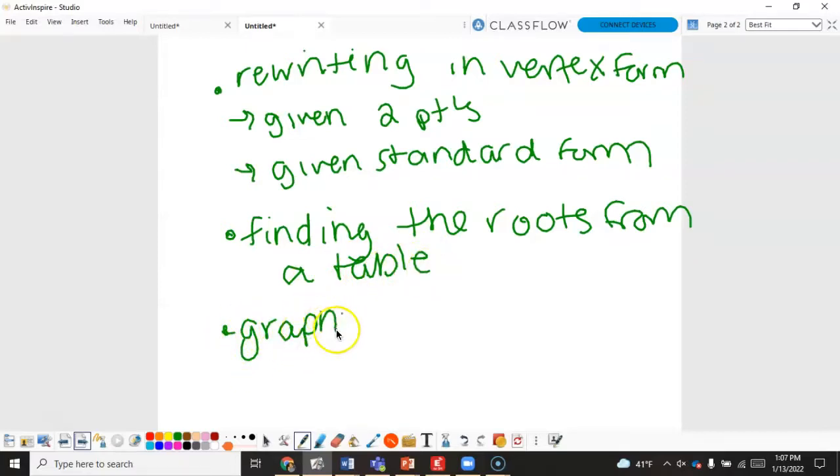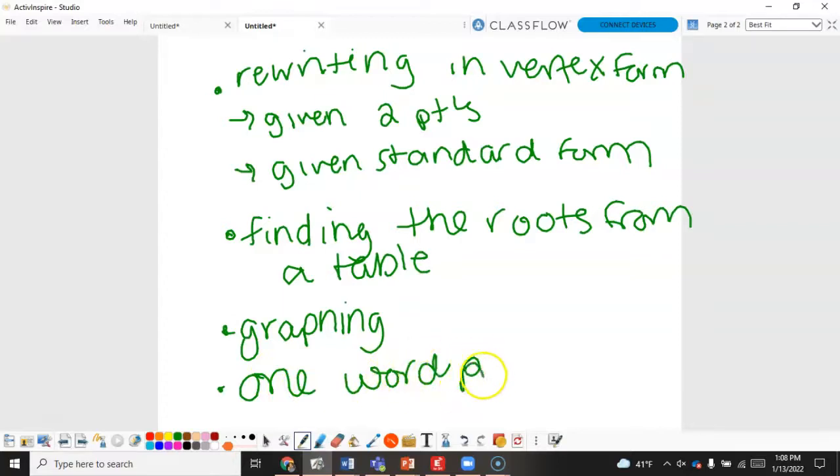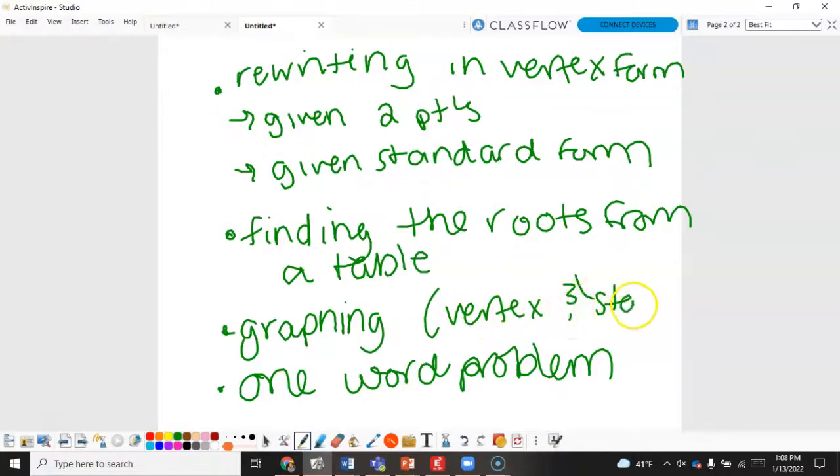Graphing and getting me all the key information, graphing vertex or standard form. And then a word problem. The key information is everything I did on the two graphing examples here: y-intercept, axis of symmetry, vertex, domain, range, transformations, and roots. Just trying to remember that.